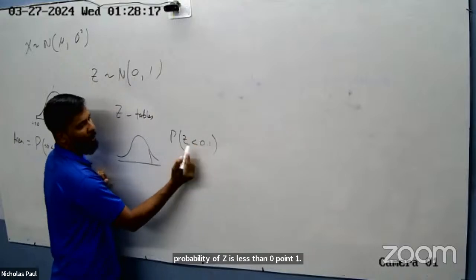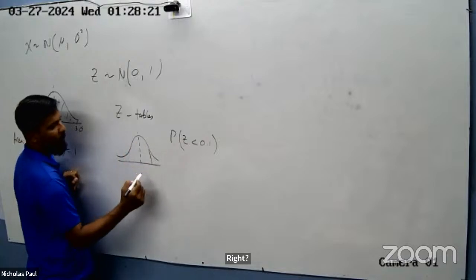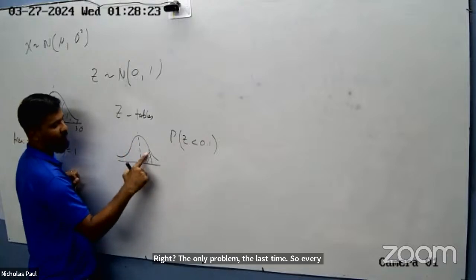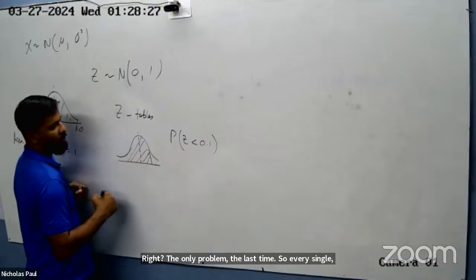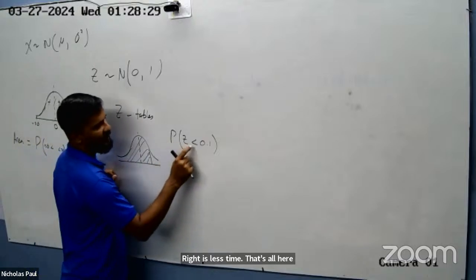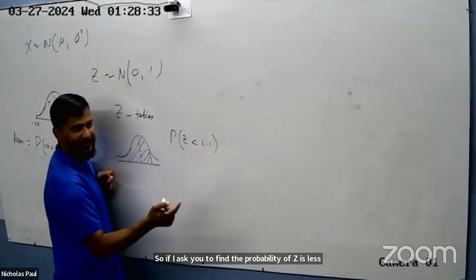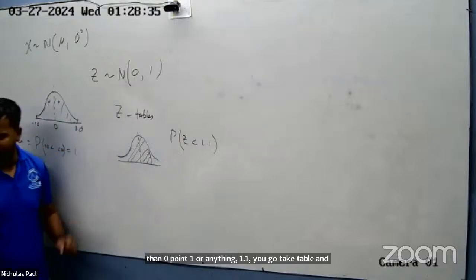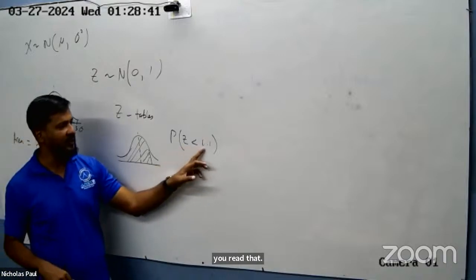Every single probability you're reading off is less than. So if I ask you to find the probability of Z is less than 1.1, you go to a Z table and you read off that value.